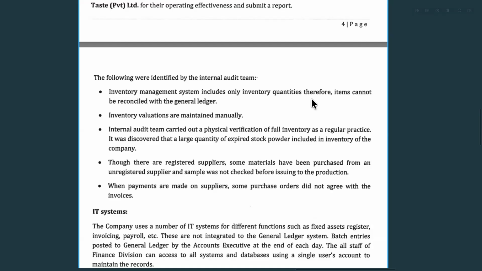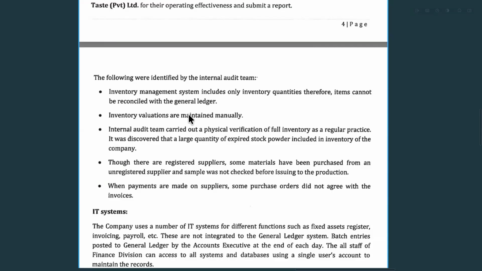They are only having, okay, we have these items, 100 quantities, 200 quantities. They don't have the value. So items cannot be reconciled with the general ledger. So we cannot see which item we are having in the warehouse belongs to which cost. We don't know about it. So that's one deficiency identified by the internal audit team.